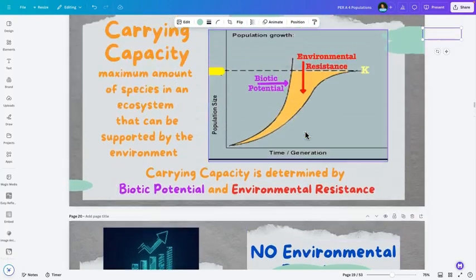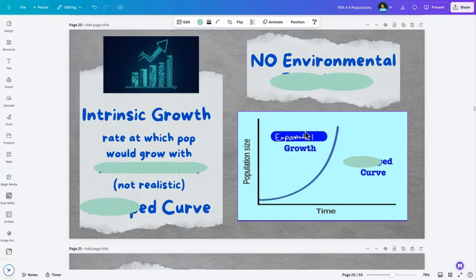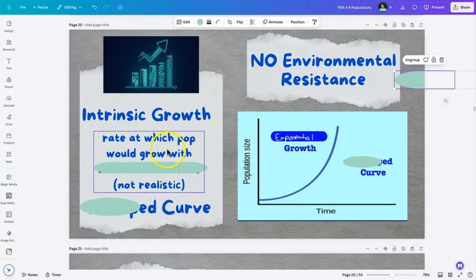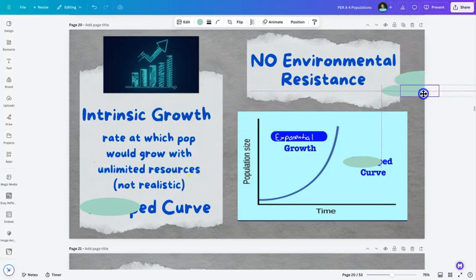All right. So if there's no environmental resistance, you have what's called intrinsic growth rate. It is a rate with no environmental resistance, which is not even realistic, again, just like fundamental niche, right? No resistance. That is our J-shaped curve, and J-shaped curves, by definition, describe exponential growth.